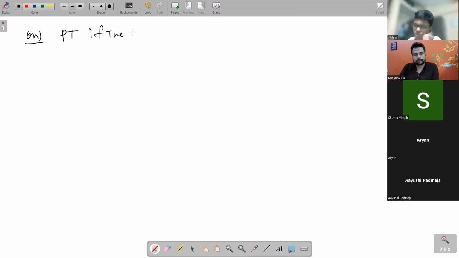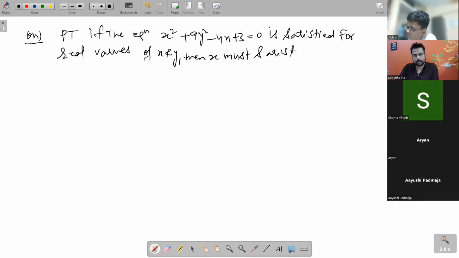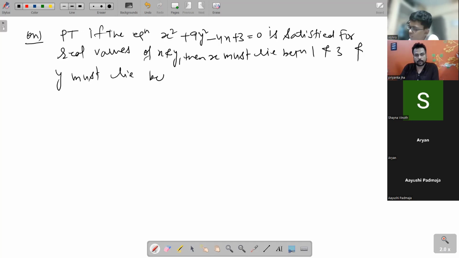Prove that if the equation x square plus 9y square minus 4x plus 3 equal to 0 is satisfied for real values of x and y, then x must lie between 1 and 3, and y must lie between minus 1 by 3 and 1 by 3. Solve it.